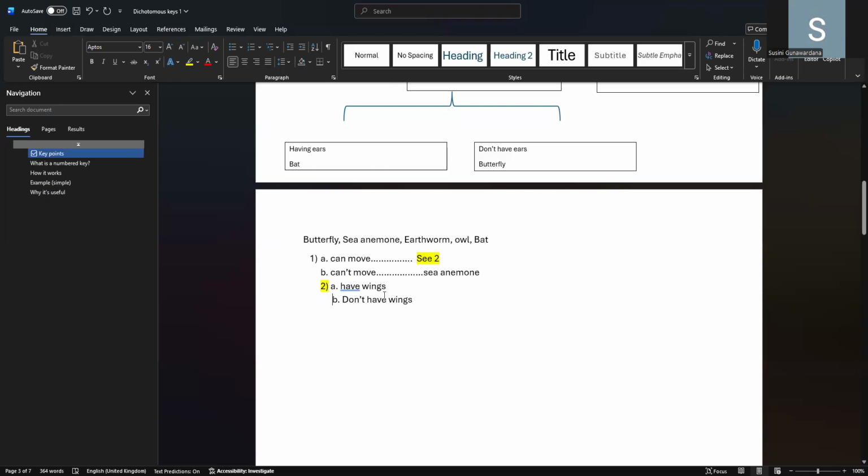Who are the animals having wings? Here, bat, owl, and butterfly are having wings. So you can't write all the animals. So in here I'm writing 3. Don't have wings will be earthworm.